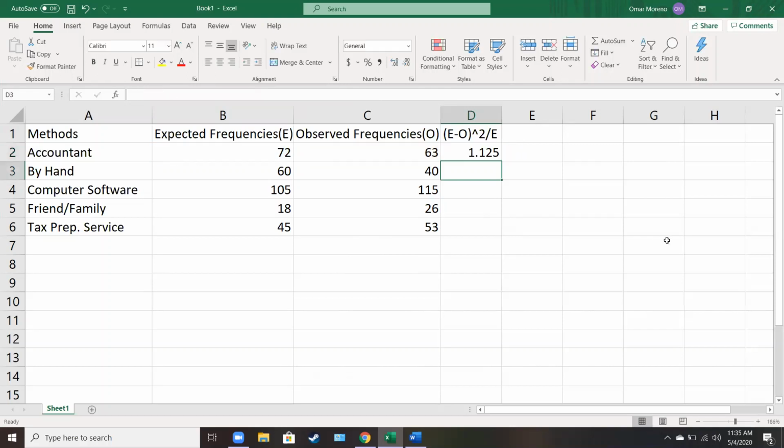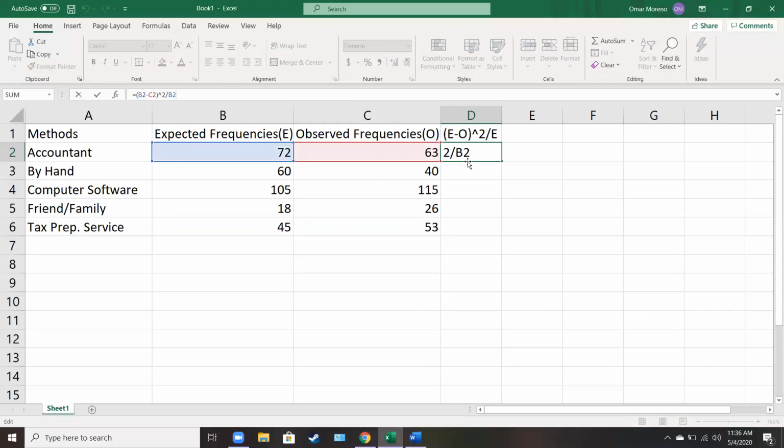Okay, that's what the equation for the test statistic is doing, right? It's E minus O squared over your expected frequencies, right? And I want to do this for each of these categories, for the accountant category, for the by hand, for computer software, friend and family, and so on, right? But if you're doing it by hand, you can totally do it just piece by piece, then add everything together, right?